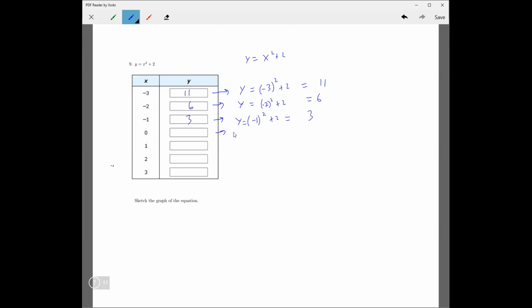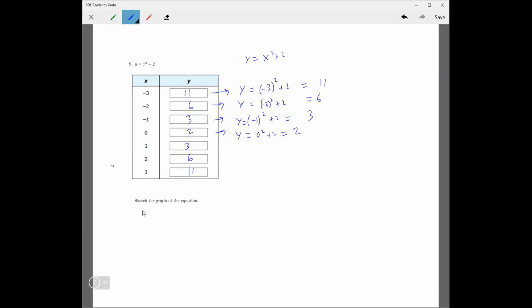And you plug in a 0, you're going to get 2. Okay, and then likewise, if you plug in a 1, you're going to get 3. If you plug in a 2, you're going to get 6. And if you plug in a 3, you're going to get 11. Okay, so you get those different values there.